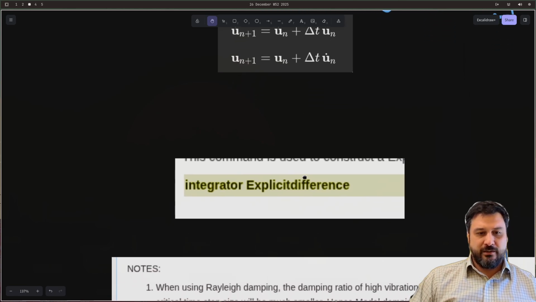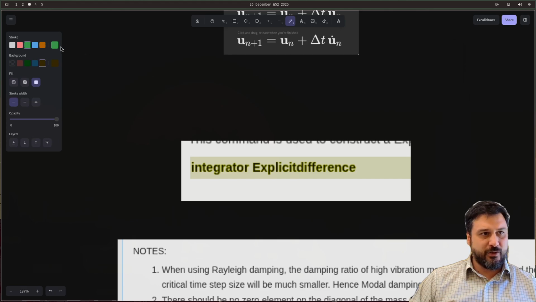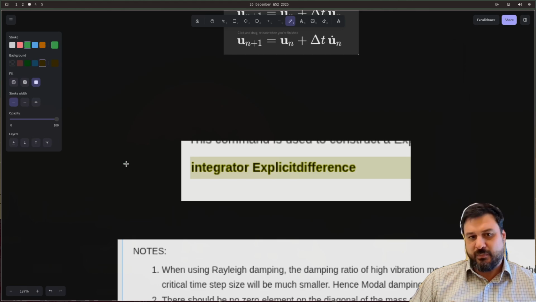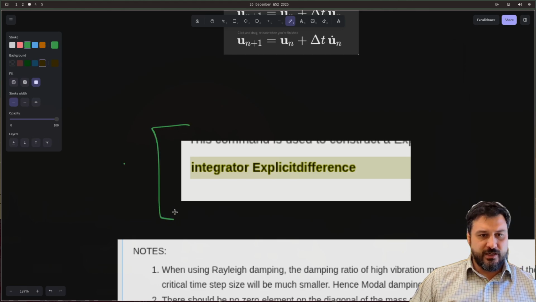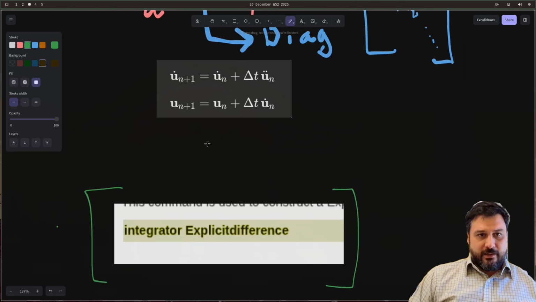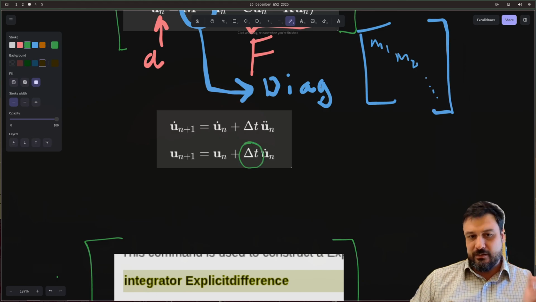In OpenSees, this is not very well documented. I'm going to be documenting this whole framework in the coming months, but you use the explicit difference solver, and it comes with some caveats. But here's one of the important things. The problem here is that delta t can't be anything.